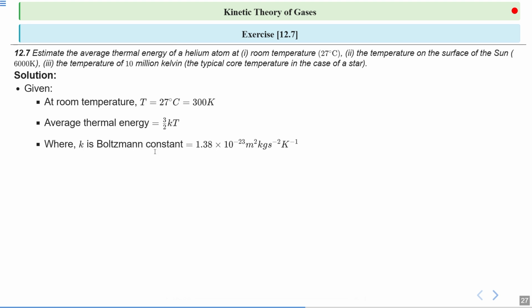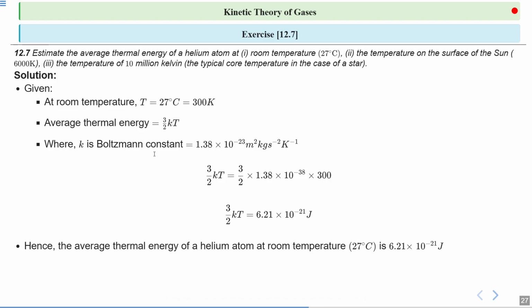After performing the calculation, we find that the average thermal energy is 6.21 into 10 raised to the power minus 21 joule. Hence the average thermal energy of a helium atom at room temperature is 6.21 into 10 raised to the power minus 21 joule.